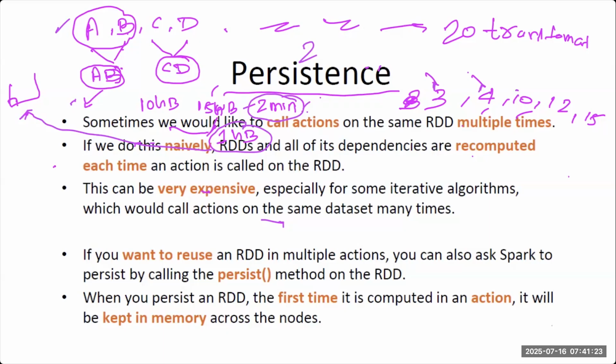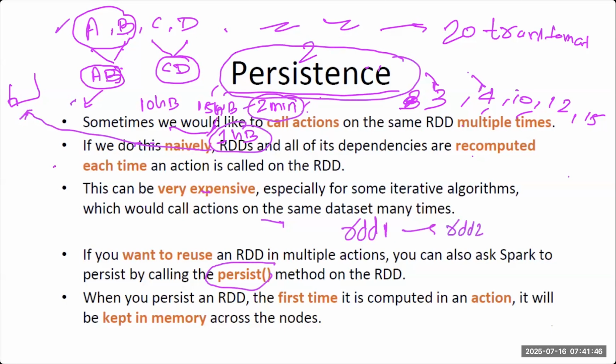So if you want to store any intermediate RDD, then we use persist. Persist is like a method. Once you apply it on an RDD, let's suppose I have RDD one and I use some transformation, I get RDD two, and then I do another transformation and get RDD three.